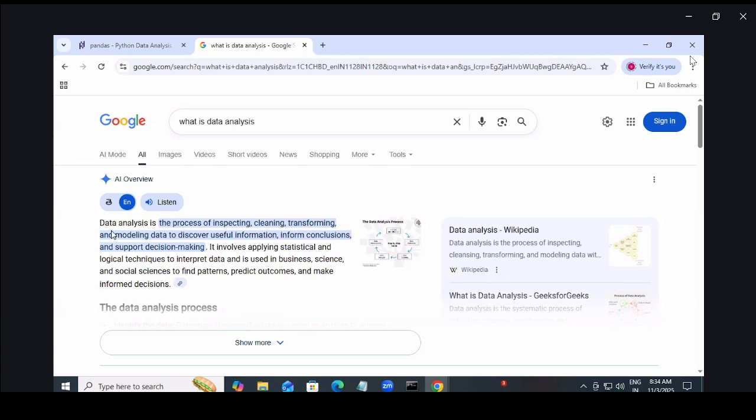All this is done by whom? The data analyst. The role of a data analyst is data analysis.